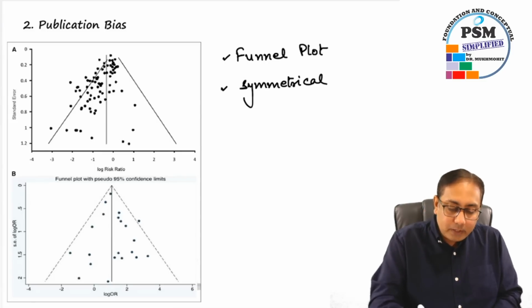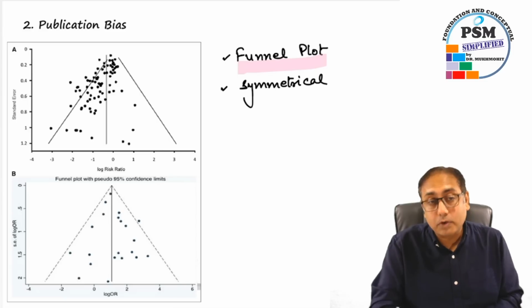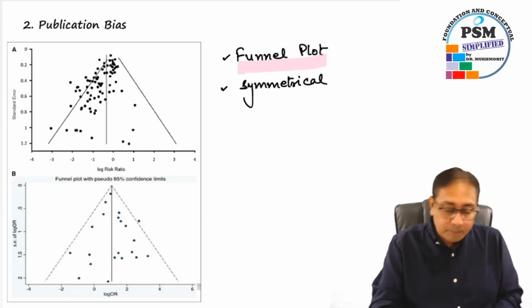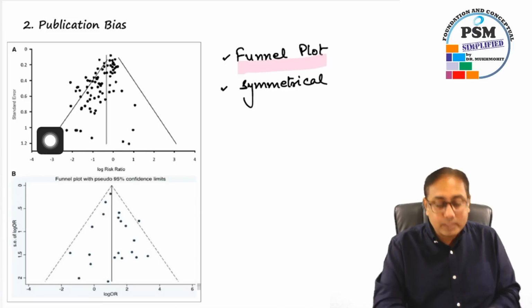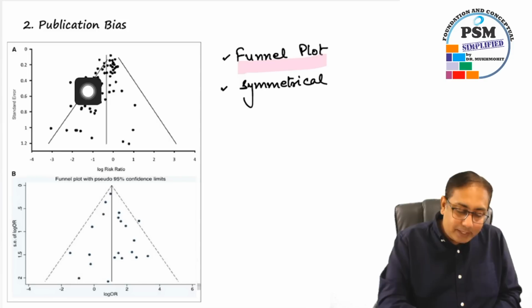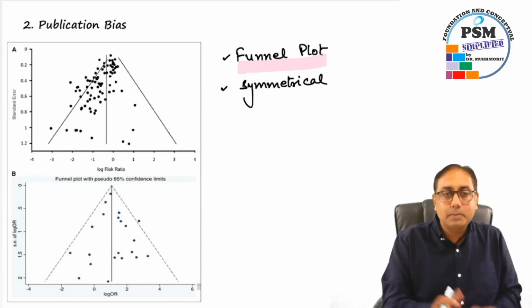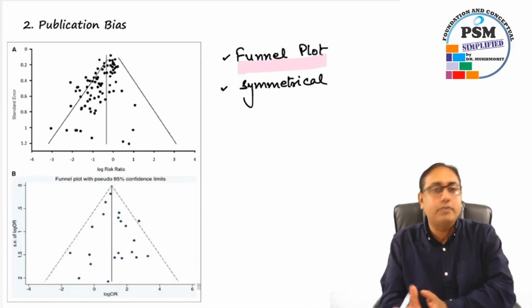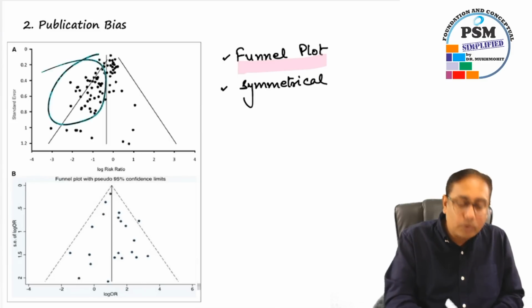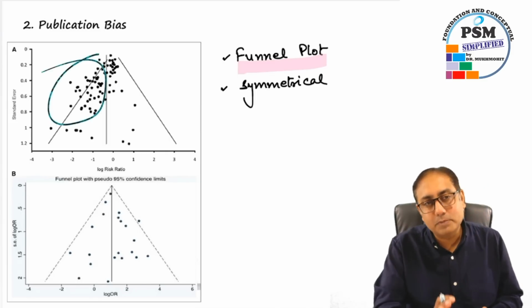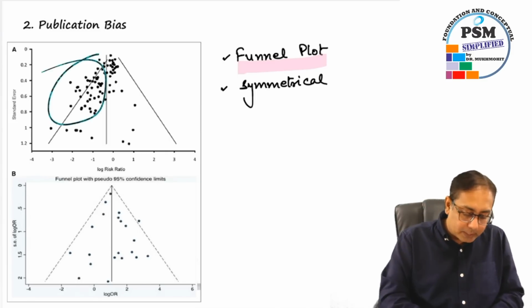How do you find out symmetry? You just make something called a funnel plot. What you see on the screen is the plot. The small dots denote the results of the studies. Ideally the results of the studies should be symmetrical, equal on the left and right side. In case there is asymmetry, that means there is some sort of publication bias.